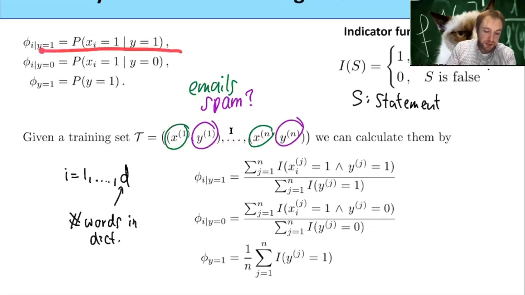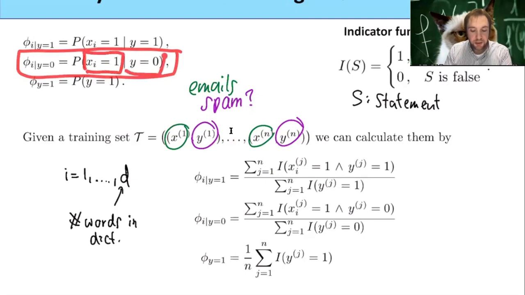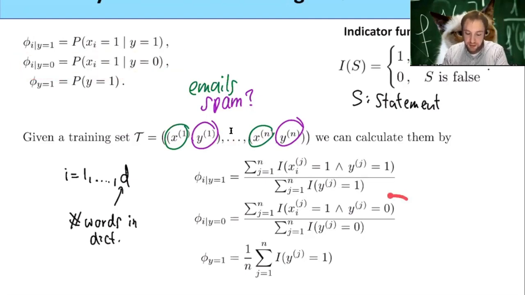And this probability here is the probability of a word appearing in a non-spam email. It's the same formula, but for this, we just need to count the non-spam emails. And here we count the number of non-spam emails which contain this word.